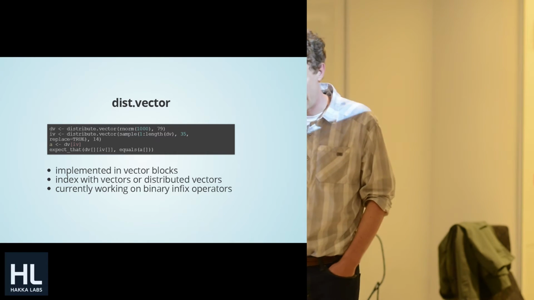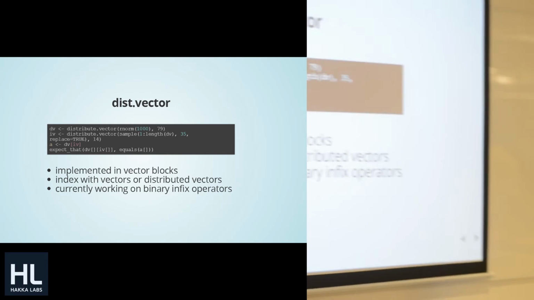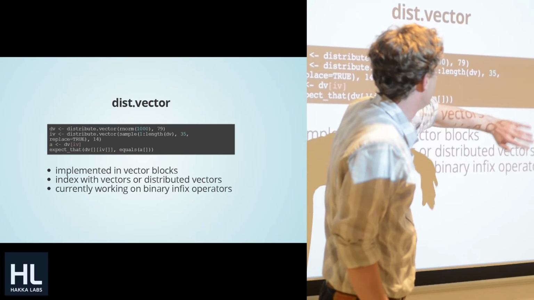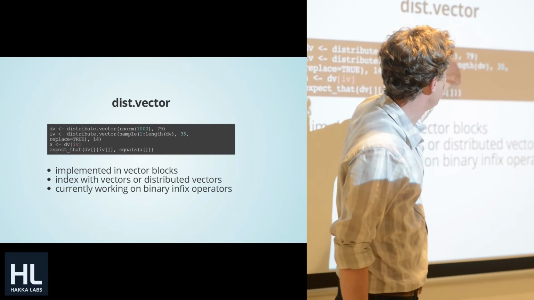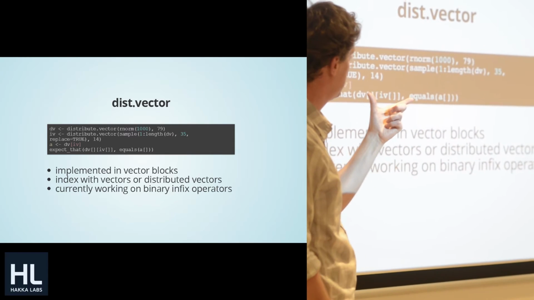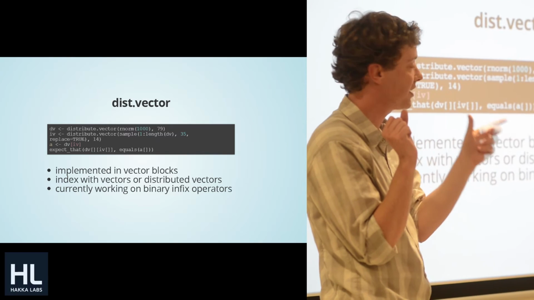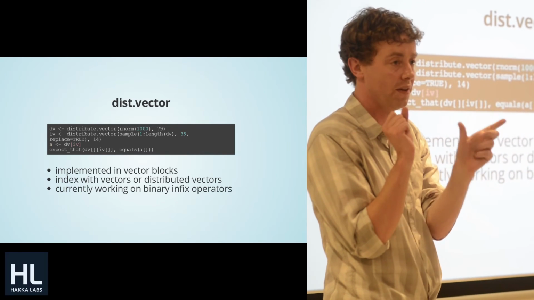So as it is right now, you can create a distributed vector, and I'm just filling it. This is a relatively small distributed vector. It's only 1,000 values, and it's using chunk sizes of 79. Each one of the blocks is a vector of random normals of size 79.